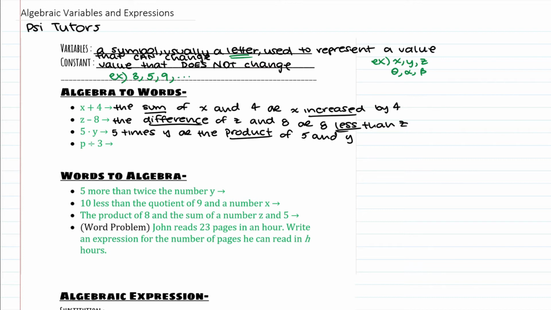Moving on to p divided by 3. So, to say this as p divided by 3, or the quotient, using that key term quotient, of p and 3.